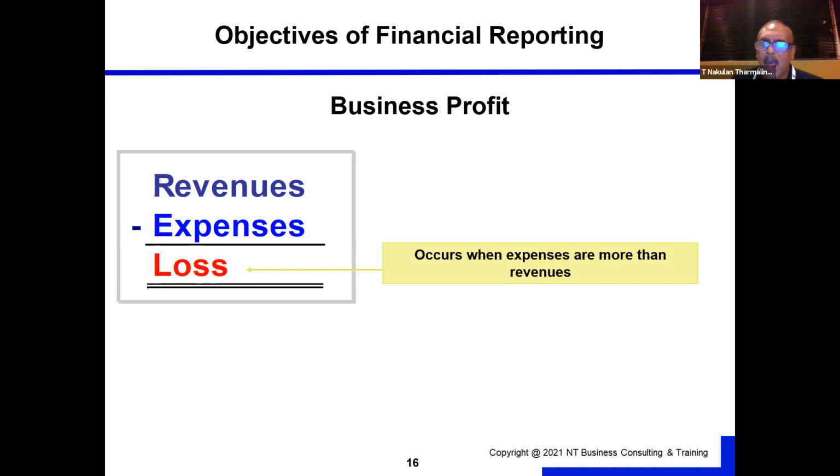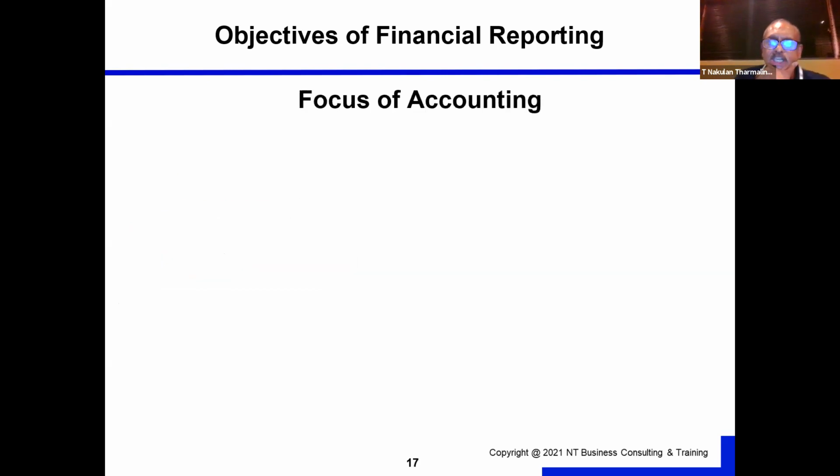If your expenses are more than your revenue, very simply, it's a loss. Okay. So it's very fundamental, easy to understand. This is very logical. It's not really accounting altogether. It's basically logical.